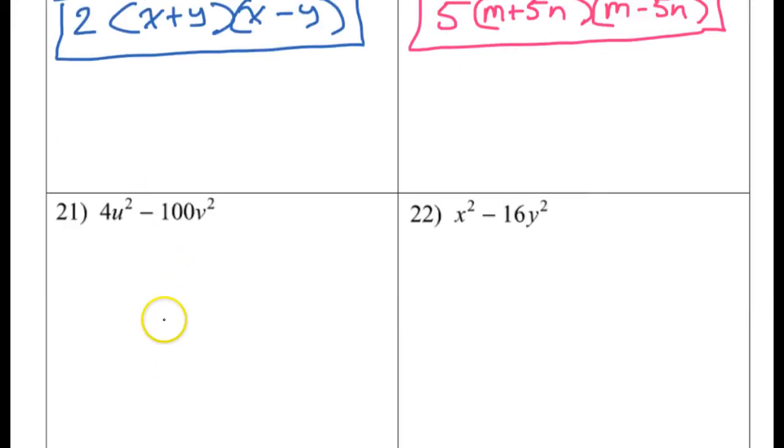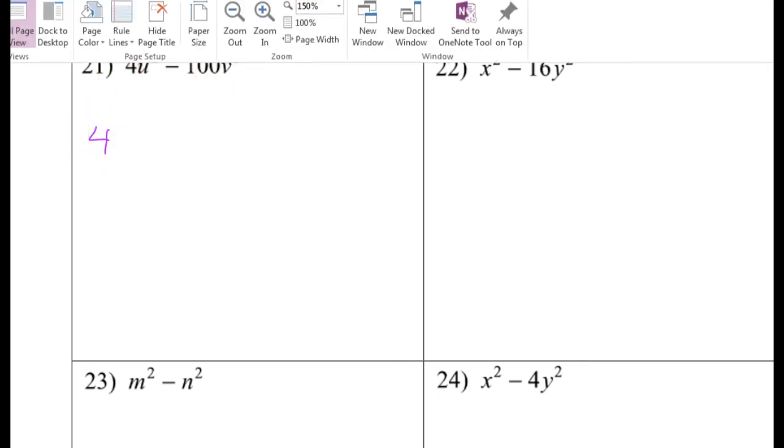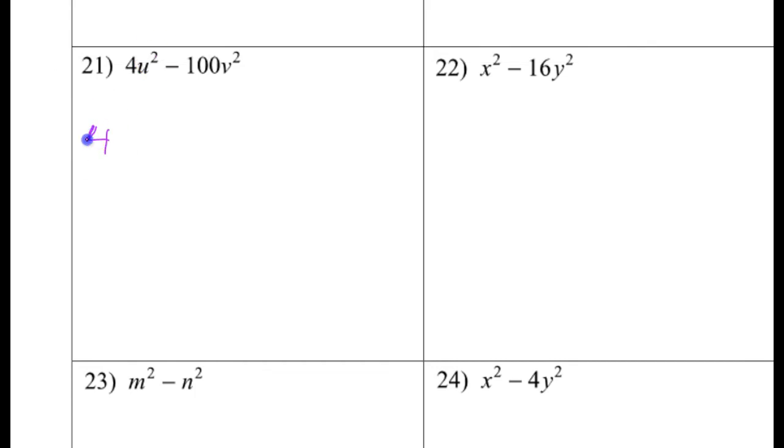So looking at number 21, what is the common factor? Well, both of these are divisible by 4, so I'm going to pull that 4 out. And if I divide everything by 4, that's going to leave u squared minus 25.